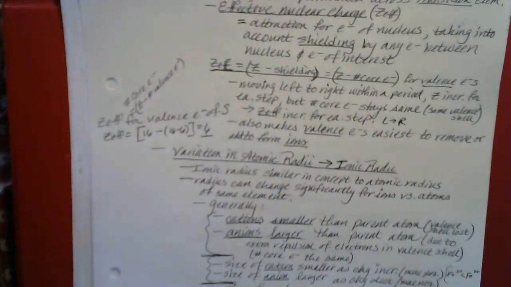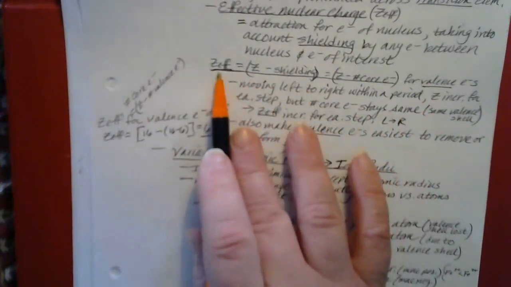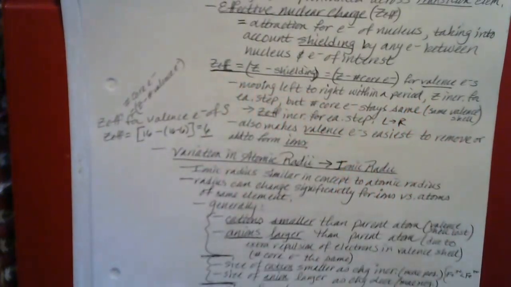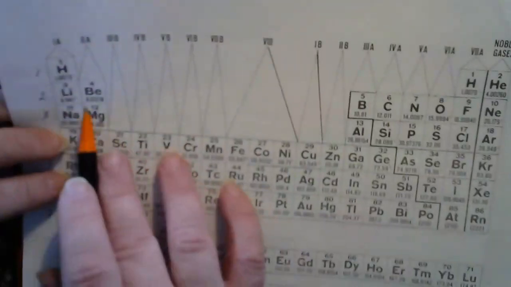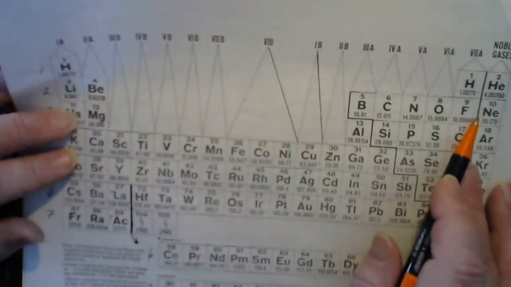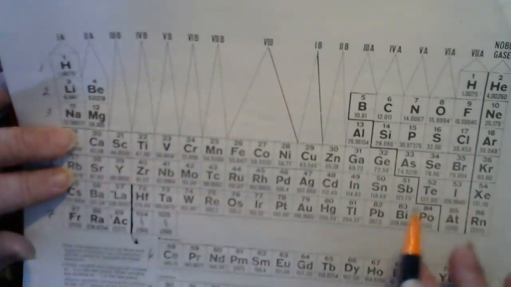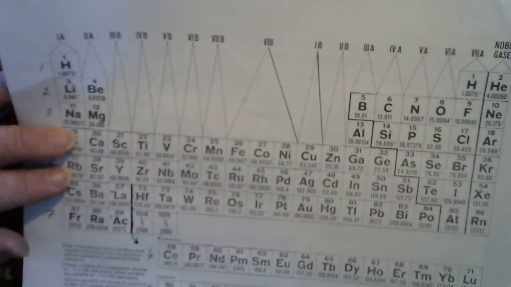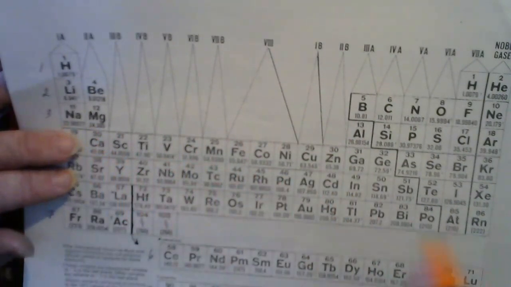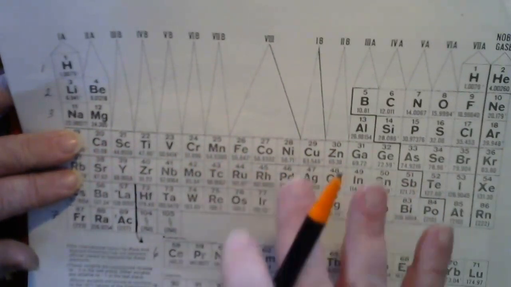And you can actually explain the changes in size of atoms moving left to right within a period by looking at the effective nuclear charge. As you're moving left to right across a period, the number of core electrons is remaining the same. Because remember, we can use noble gas abbreviations for the electron configurations of elements. The noble gas abbreviation represents the core electrons, because we're assuming if it's a ground state atom, all of the core electron positions must be filled in.